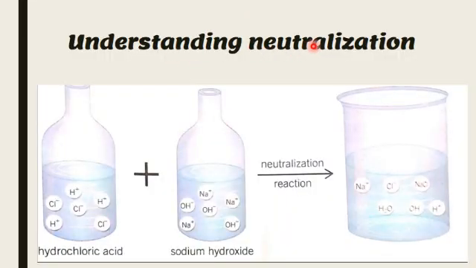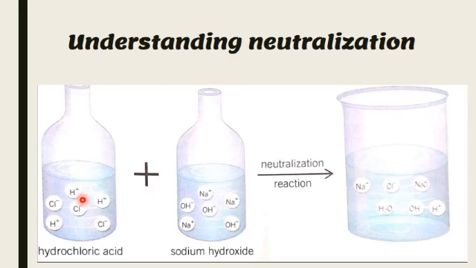Understanding neutralization. First, students, we know very well what is an ion: an ion is a charged particle. All acids contain hydrogen ion. Here is an example of hydrochloric acid, HCl. HCl contains hydrogen ion. Sulfuric acid also contains hydrogen ions, two hydrogen ions.